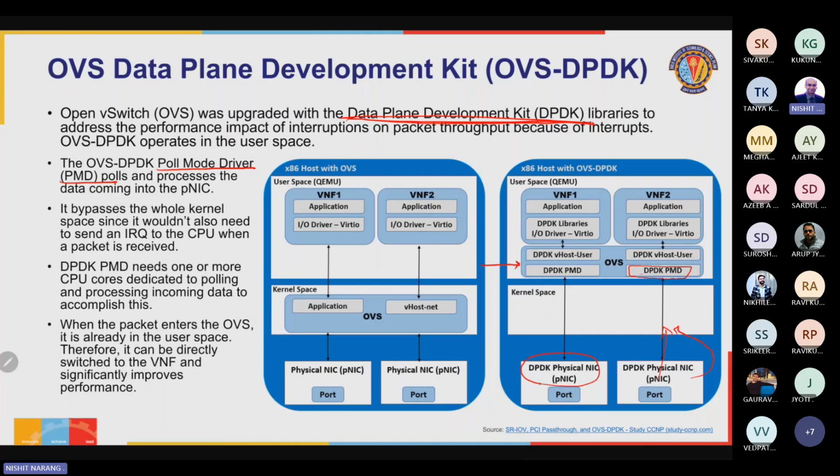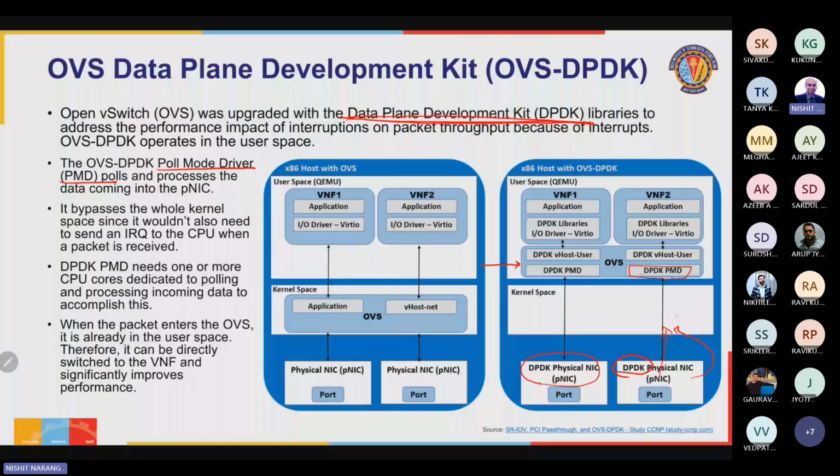So these are special purpose NIC cards called DPDK NIC cards, which allow poll mode behavior, which can be polled and which allow direct data reading. So these are DPDK NIC cards. The DPDK PMD driver directly keeps on polling the DPDK NIC cards.